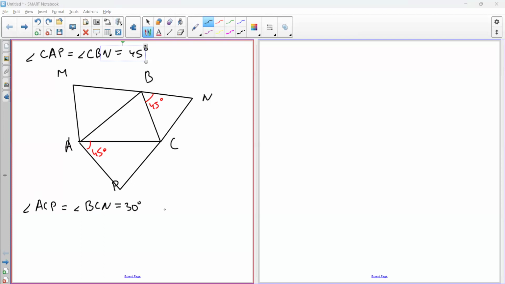And angle ABM equals angle BAM equals 15 degrees.